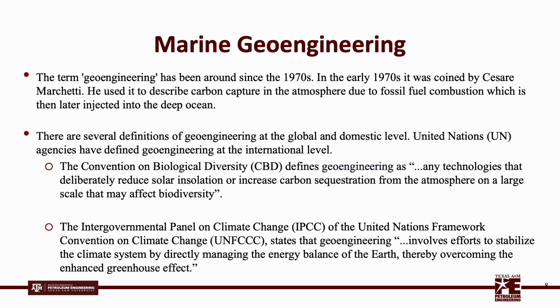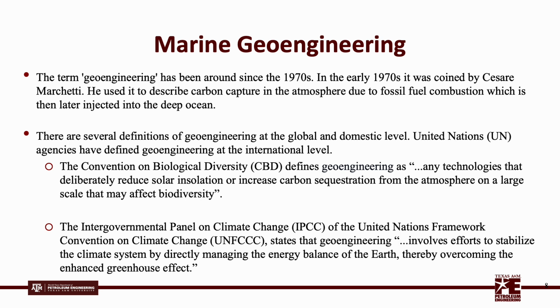The term geoengineering has been around since the 1970s. In the early 1970s, it was coined by Cesar Marchetti. There are several definitions of geoengineering at the global and domestic level.